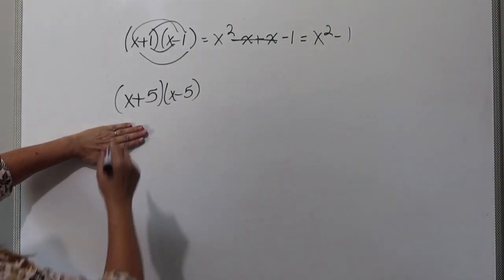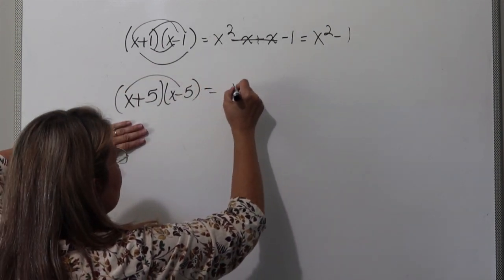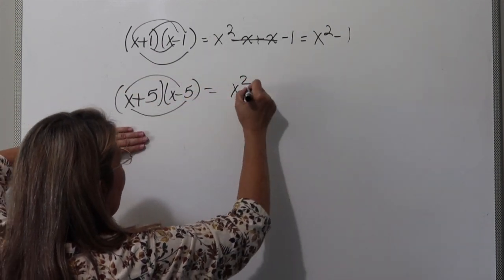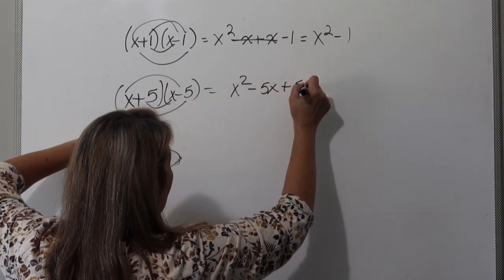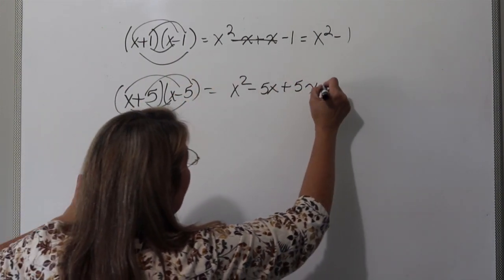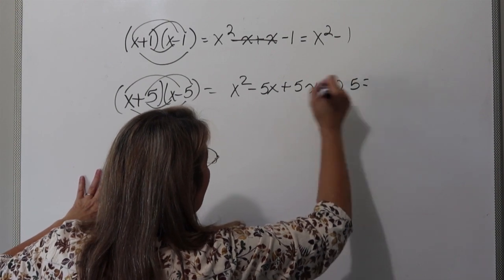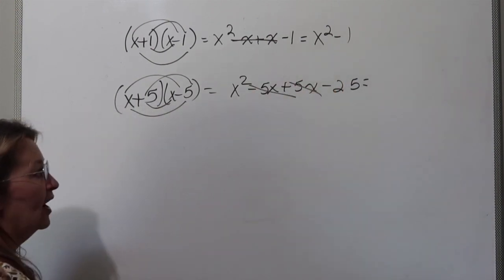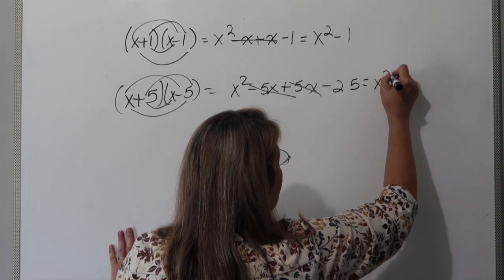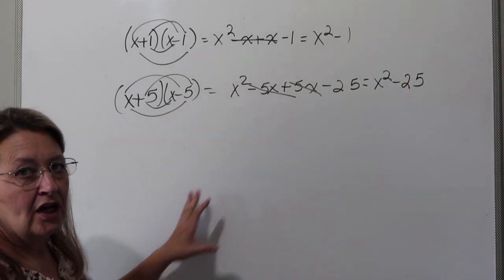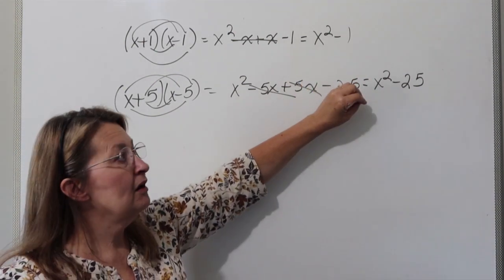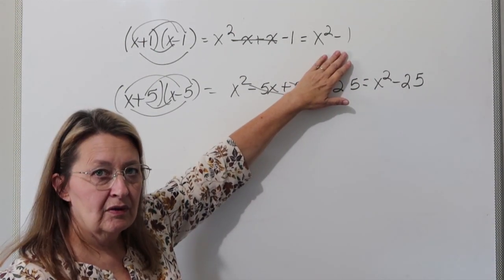Alright, let's try this one. I've got x times x is x squared. I've got minus 5x. I've got plus 5x. And then I've got minus 25. These two subtract out. So now, once again, I have x squared minus 25. So look at the similarities between our 2 answers.